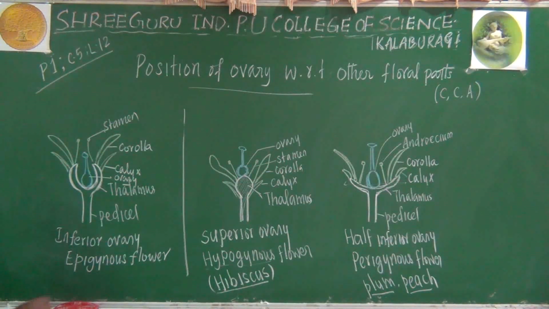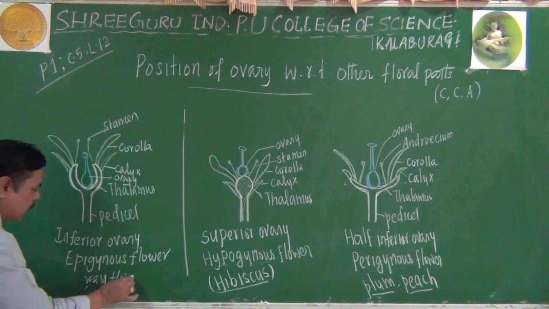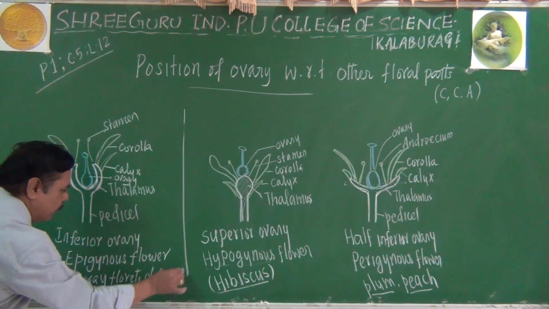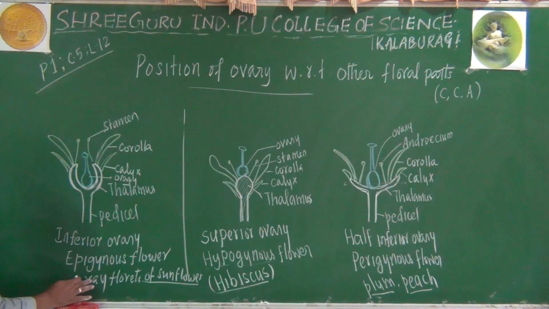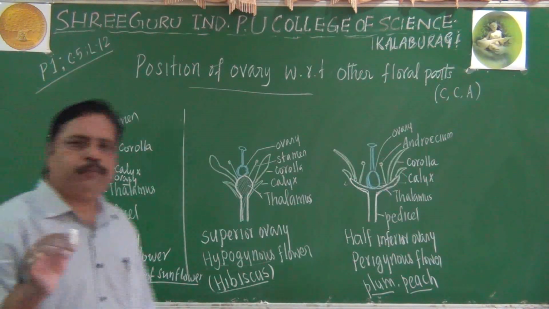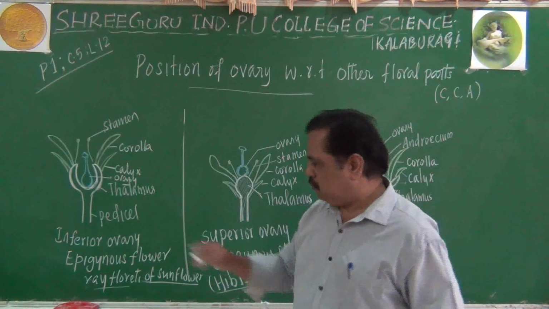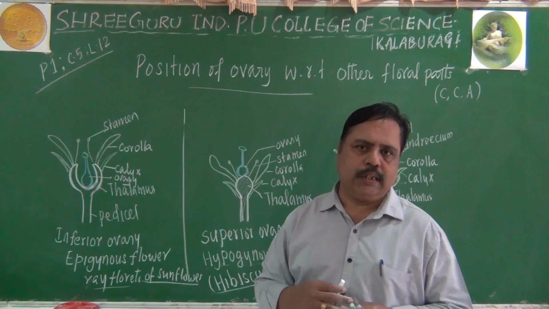What is the example for this? Ray florets of sunflower. Here I want to tell you one point. Sunflower, even though it is called a flower, is not a single flower. Sunflower is an inflorescence, remember.